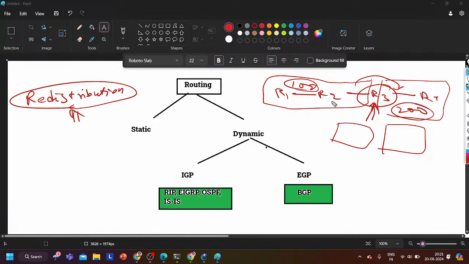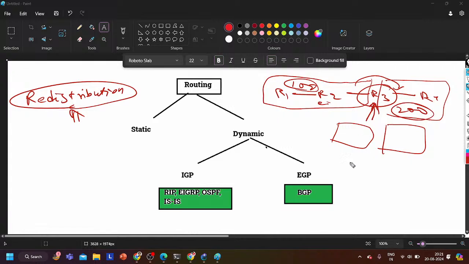Let's say here you are running EIGRP AS 100 and here EIGRP AS 200. You run router eigrp 100, redistribute eigrp 200 metric, then router eigrp 200, redistribute eigrp 100 metric. I need to run four commands here. No problem. Like this, we can make communication possible between AS 100 and AS 200.